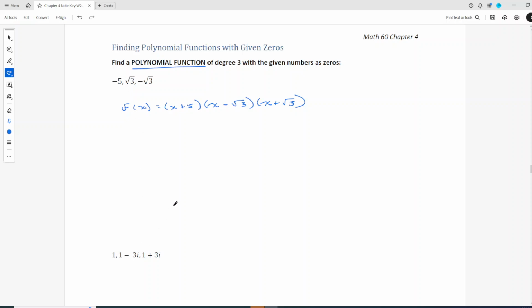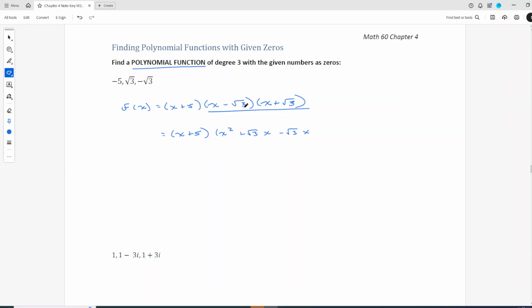So the first thing we're going to do when we multiply through is multiply these two together. Now what do you notice about these two linear factors? When there was a zero of root 3, there always has to be another zero of negative root 3. Because when we multiply these together, what's going to happen? Well, we have x times x is x squared. x times root 3 is root 3x. Negative root 3 times x is negative root 3x.